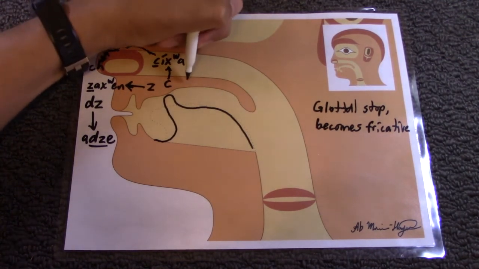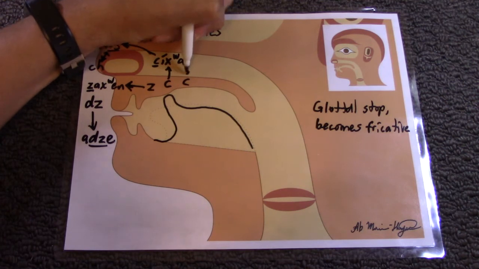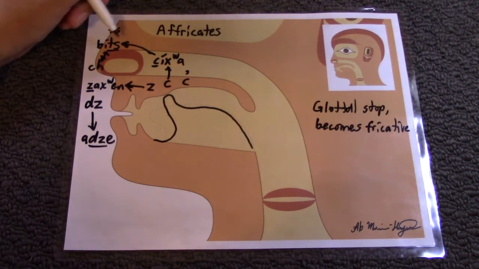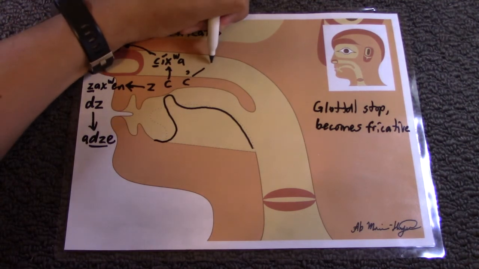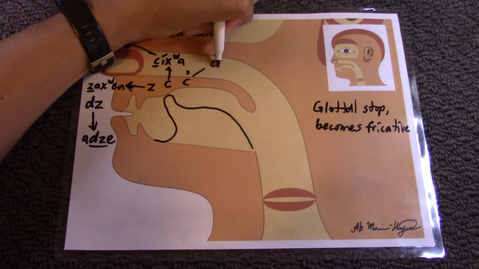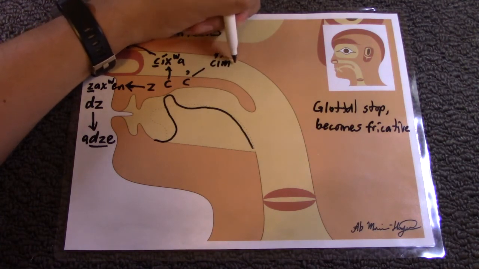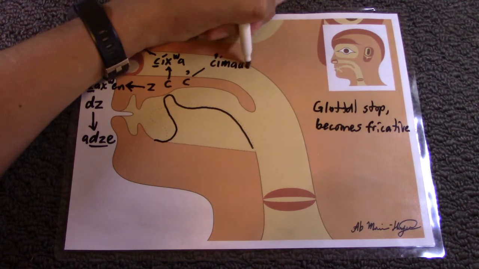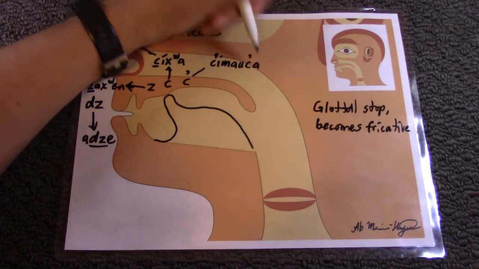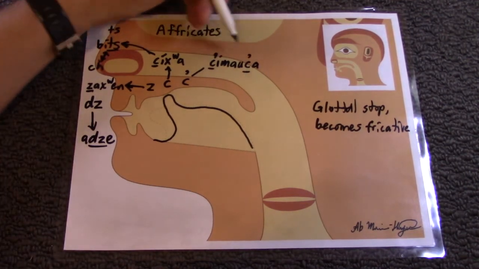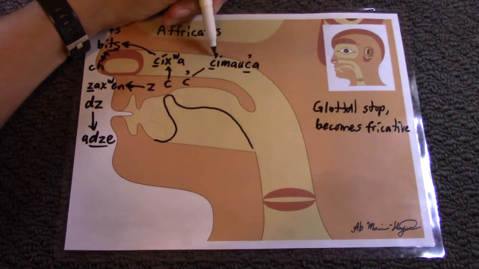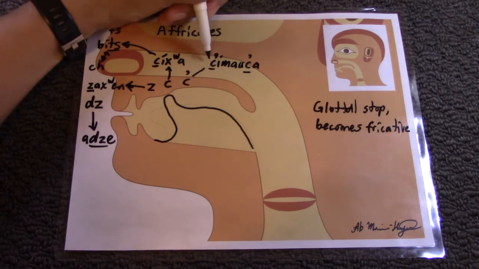And we also have a C with an apostrophe over top of it, like in the word tsimotsa. So you can see there's two C's with apostrophes over top of them. So we can't really hear, well, actually you can hear them both pretty well.